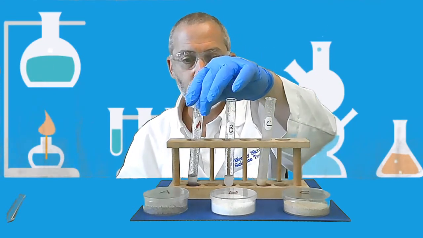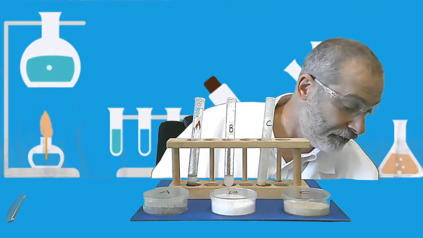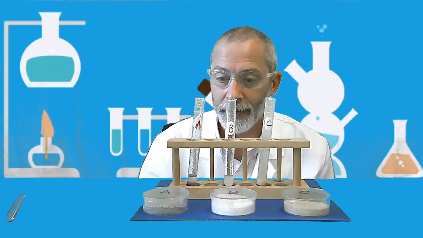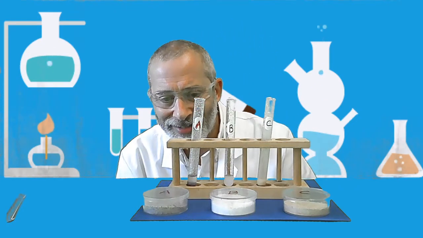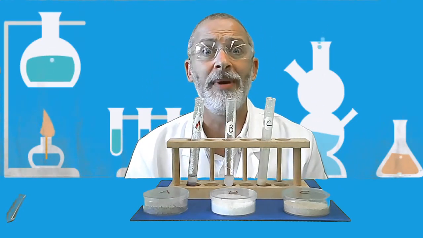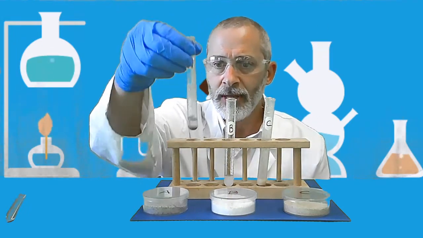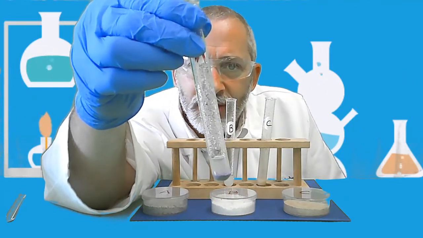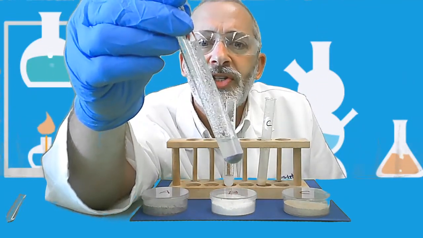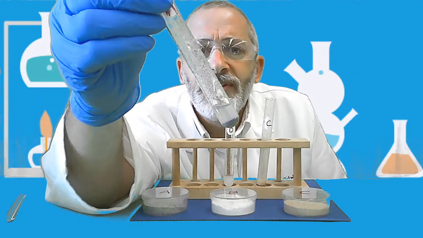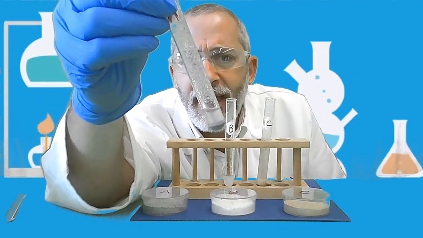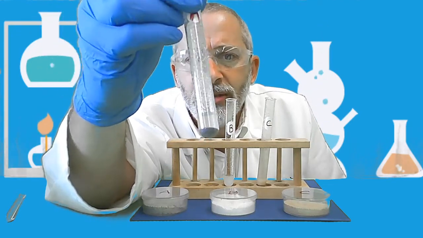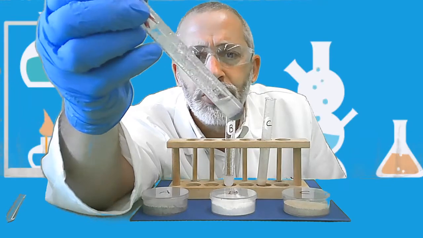Now, I'm going to use my senses on your behalf, since it's difficult to use all of your senses on camera. And I am now examining, we'll start with test tube A. Test tube A, hopefully you can see this, you can make some observations yourself. All of the soil sample from test tube A has settled to the bottom. It's an interesting color, kind of an orangish, purplish color.